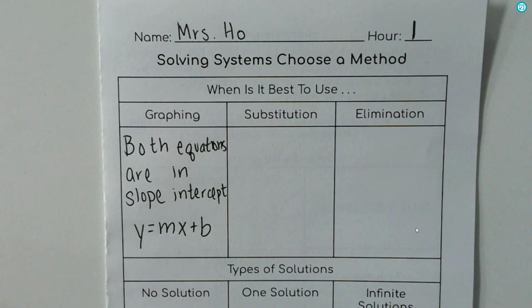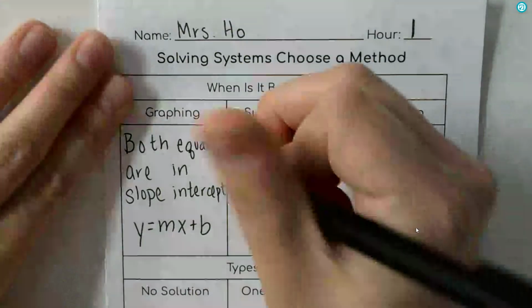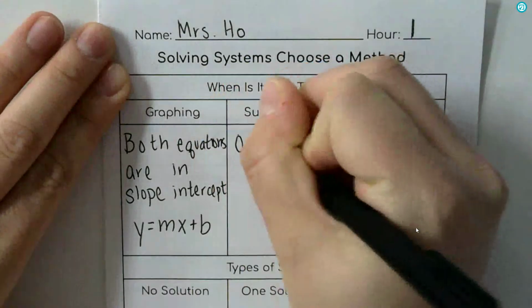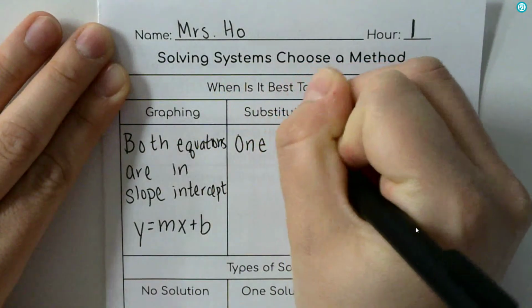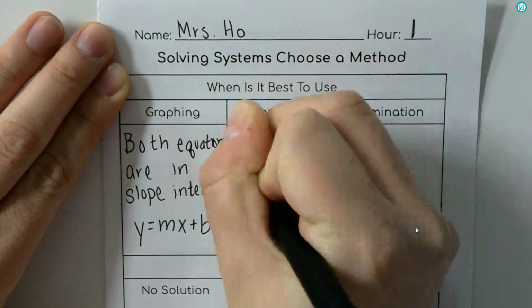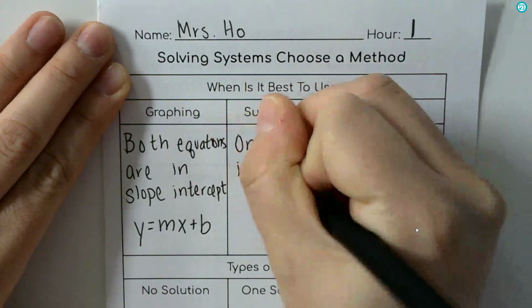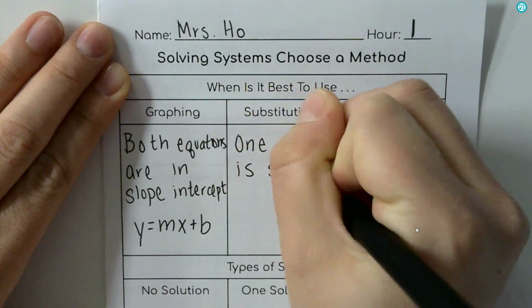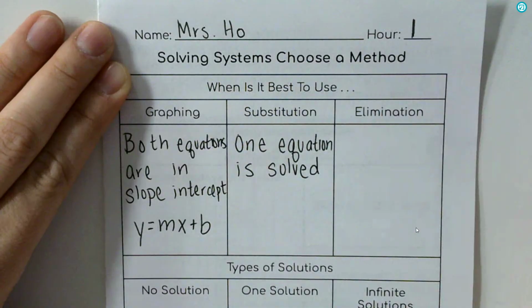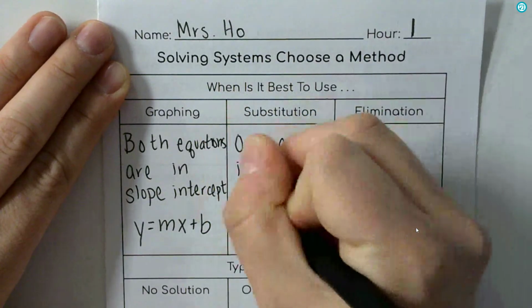Substitution is easiest for us to use, which is the substitution we did in 3.4, when one equation is solved for either x or y.